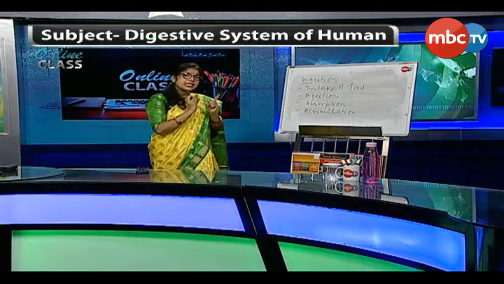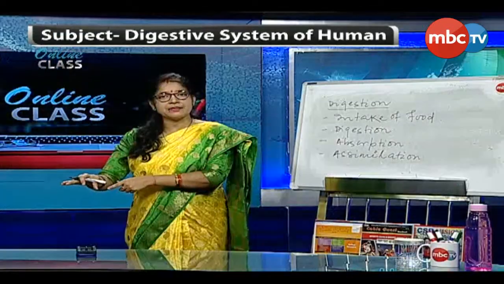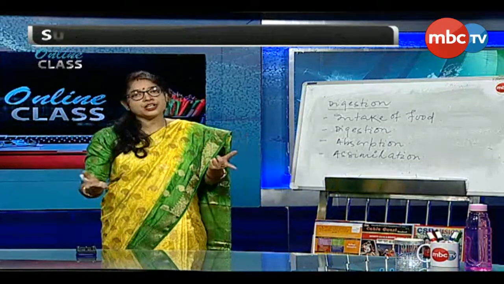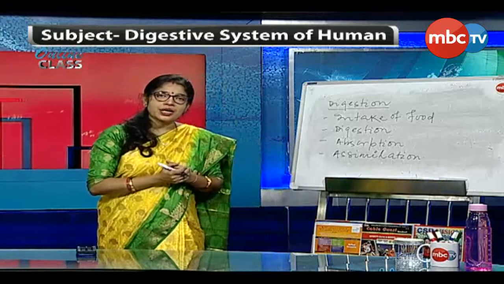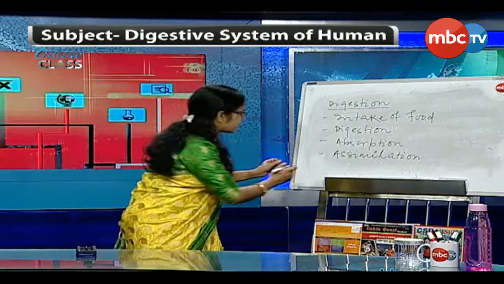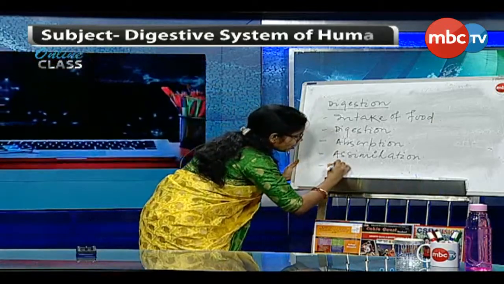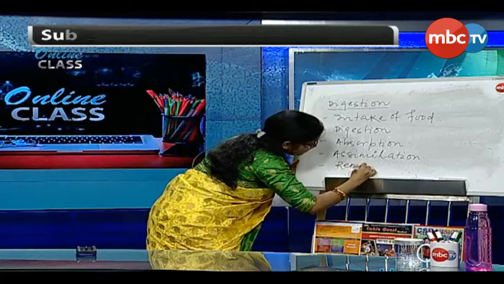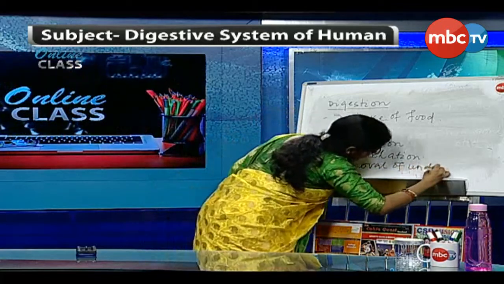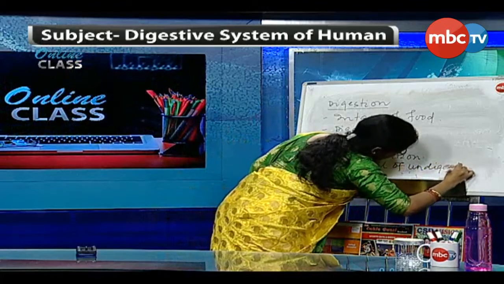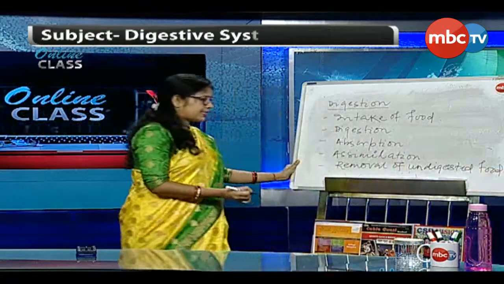Assimilation is the process in which the absorbed food will be used in the respective cells, and there will be the liberation of energy for doing all the chemical processes which are occurring within the body of a living system. And the last one is the removal of undigested food.